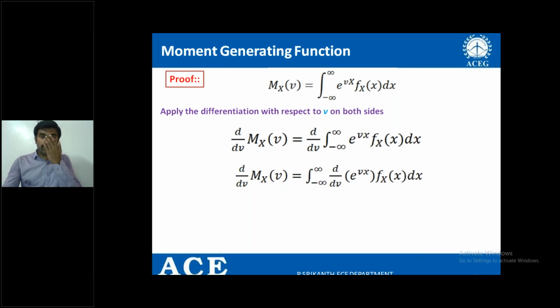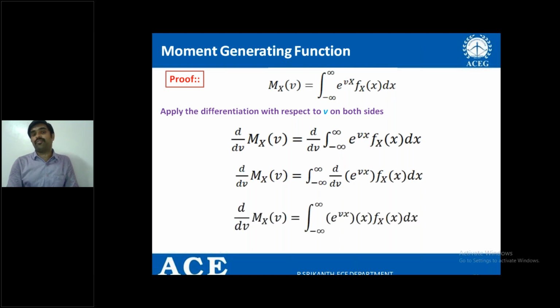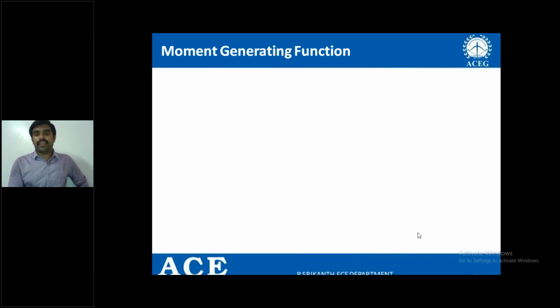Now you can find the differentiation of e power vx. What is the differentiation of e power vx? The integral from minus infinity to plus infinity of e power vx into x; that is, e power vx into x is the derivative of d by dv of e power vx. The next term is fx of x into dx. Now I'm taking v equal to 0 on both sides.